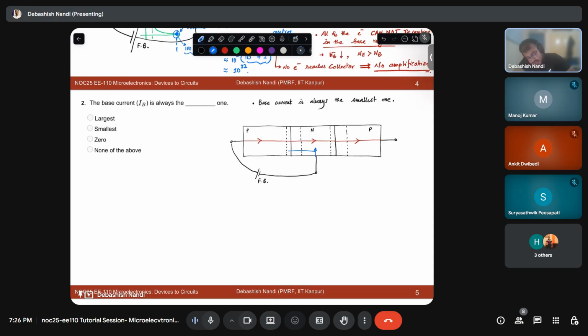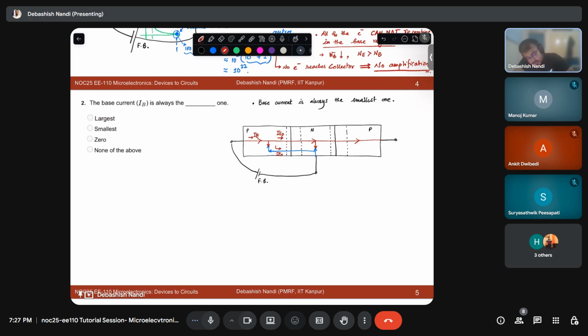So basically you have this and you have this, right? So this is what current? This current is your IE. Fine. This current is your IEP. This current is your IEN.